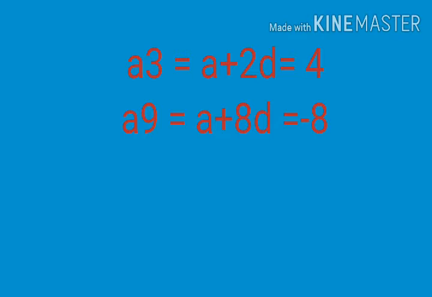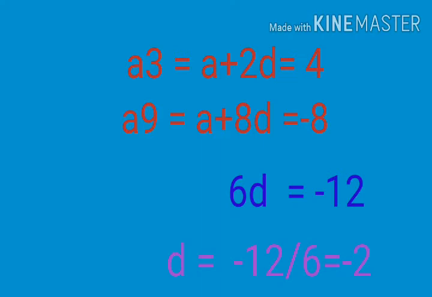Then we will get 6d equal negative 12. A and A will be cancelled. 8 minus 2 is 6. Negative 8 minus 4 is negative 12. That is 6d equal negative 12. So d equal negative 12 by 6 equal negative 2.